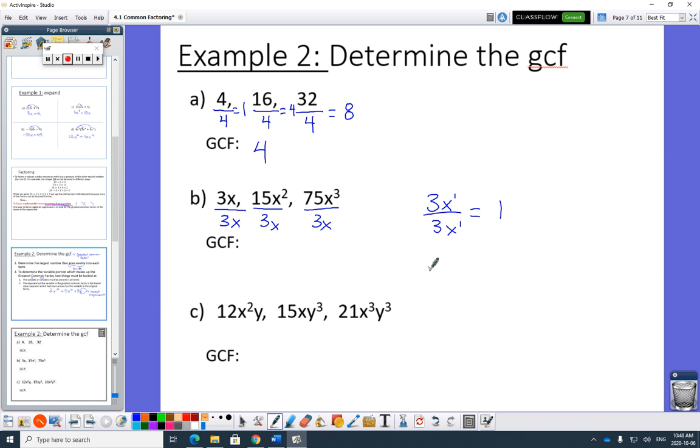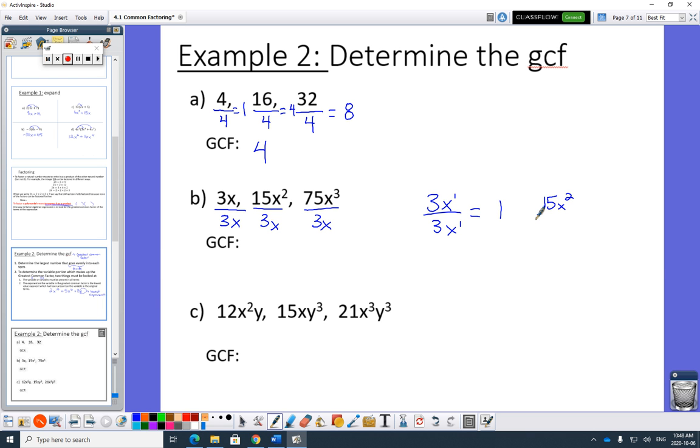And when you divide, what do you do with the exponents? Subtract. What's 1 minus 1? 0. Anything to the power of 0? What's that? 1. Yes. So these also cancel out or go away.